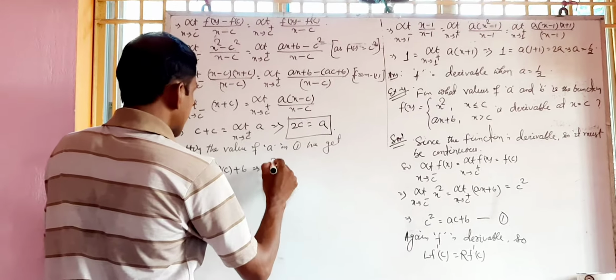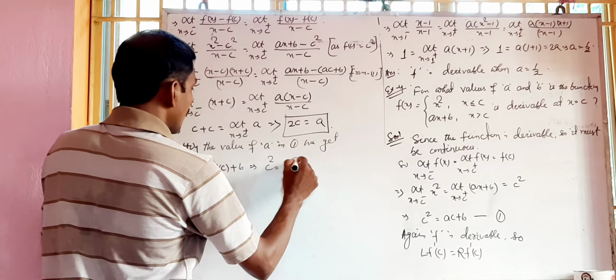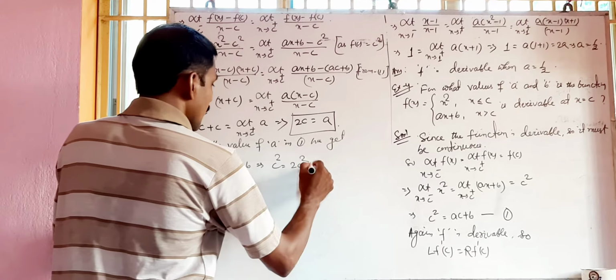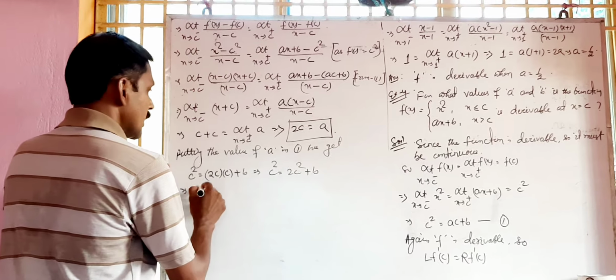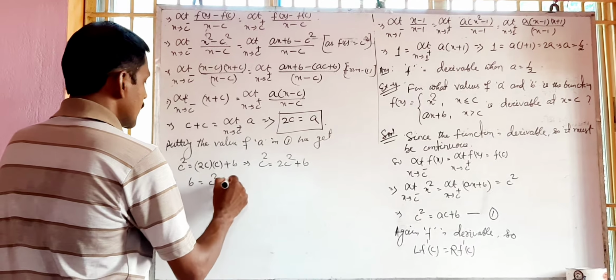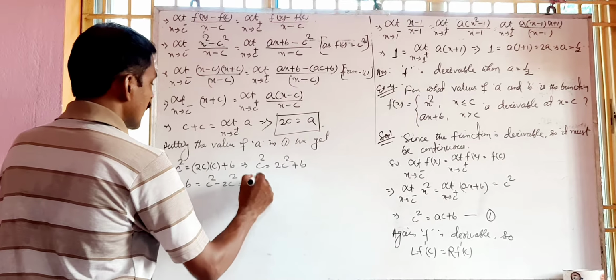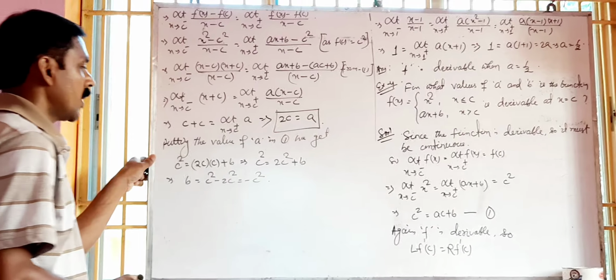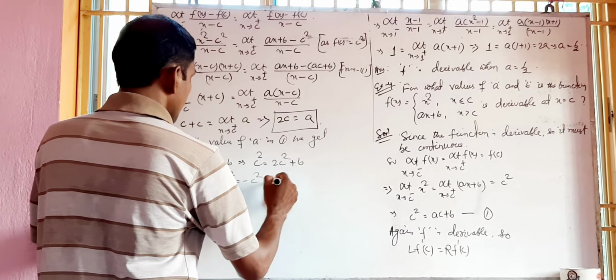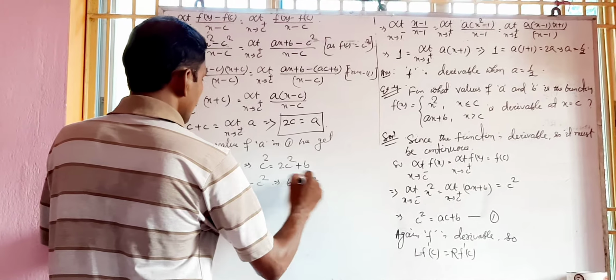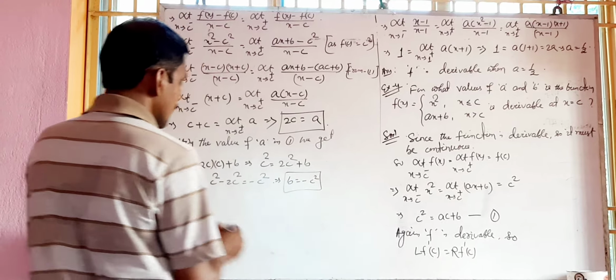This implies c square equals 2c square plus b. This implies b equals c square minus 2c square, which is minus c square.